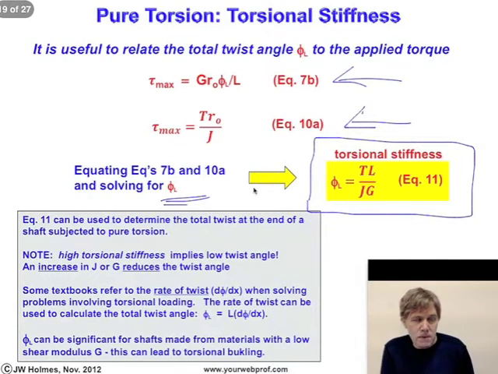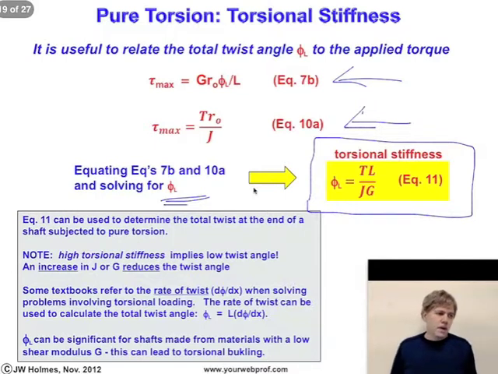Again, remembering back from lecture A, the d phi dx under pure torsion for a circular shaft is constant. I also want to point out the angle of twist can be significant if you've got a large shaft, and so you have to be careful. In particular, if you need a precise application, or you want to limit the amount of rotational deformation.